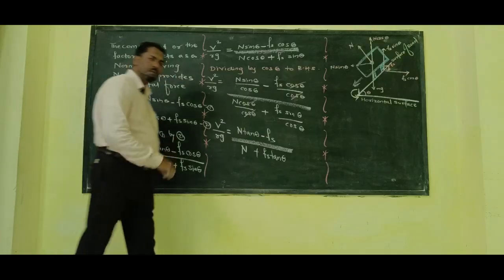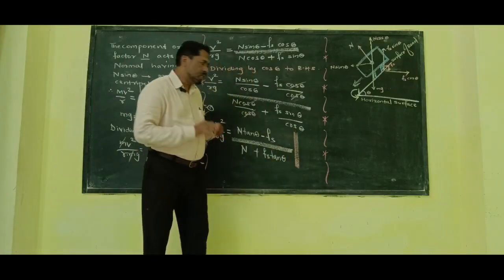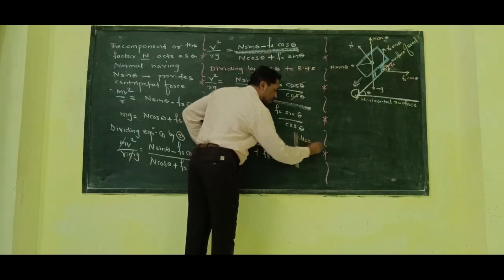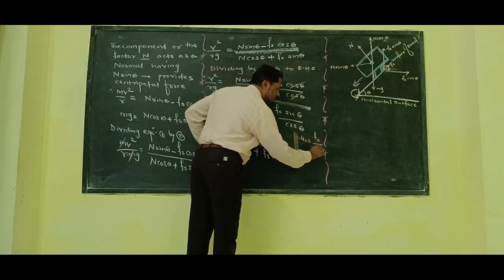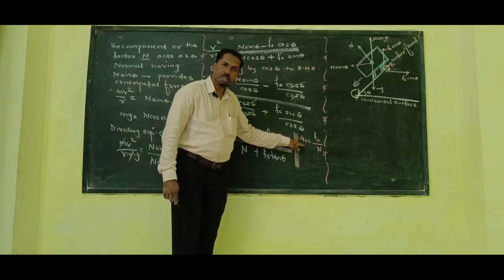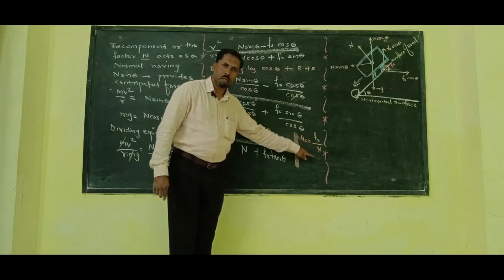We are well familiar with the definition of friction. What do we understand by the coefficient of static friction? It is the ratio of limiting force of friction to normal reaction.